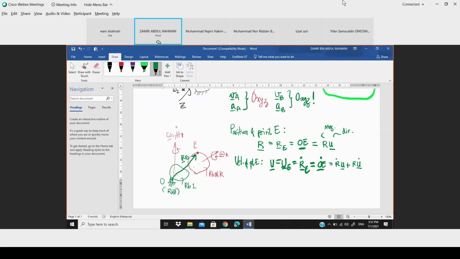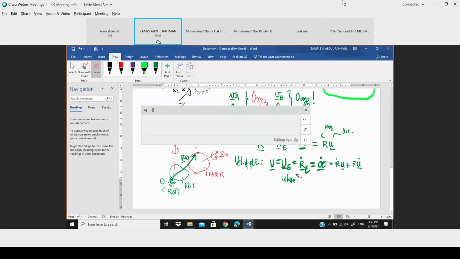Where U dot, the eraser is not effective at all. So we cannot make any mistake. It becomes slow.